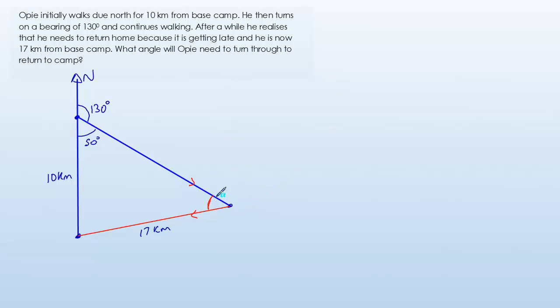So, I'm trying to find this one, so I'm going to call it A. That's an angle, so I should call it capital A. Then the side opposite is small a.